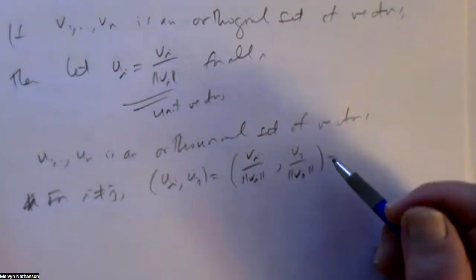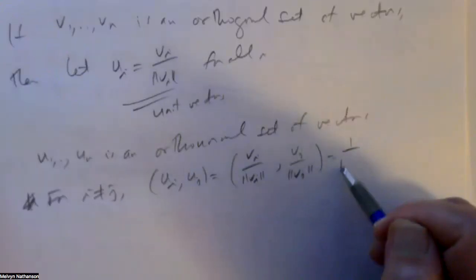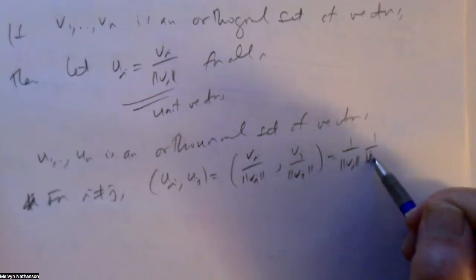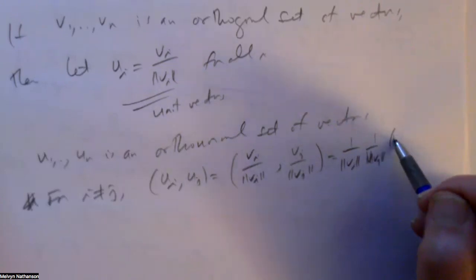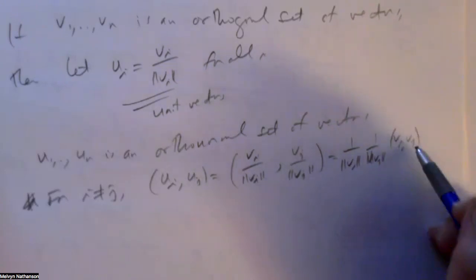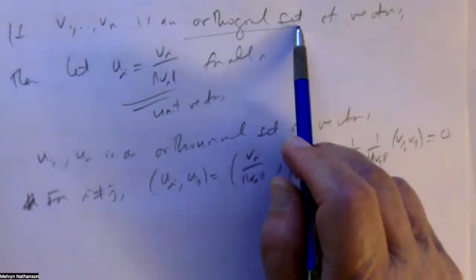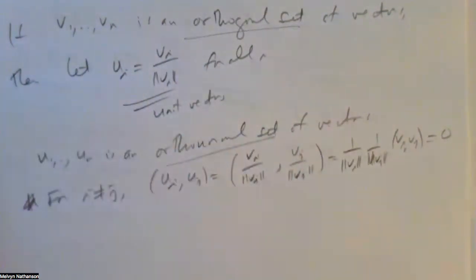You can take scalars outside the inner product. That's 1 over the length of vi, 1 over the length of vj, the inner product of vi and vj. But this is 0 because the v's are orthogonal, so you get 0. So you can always transform an orthogonal set into an orthonormal set simply by dividing each vector by its length.